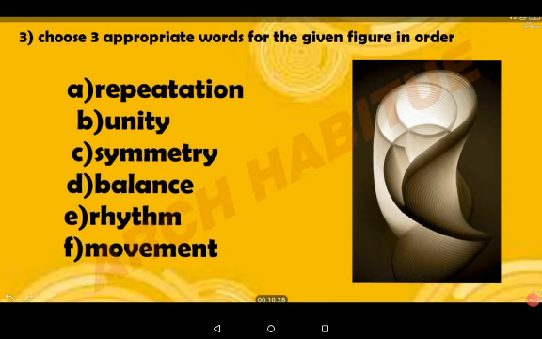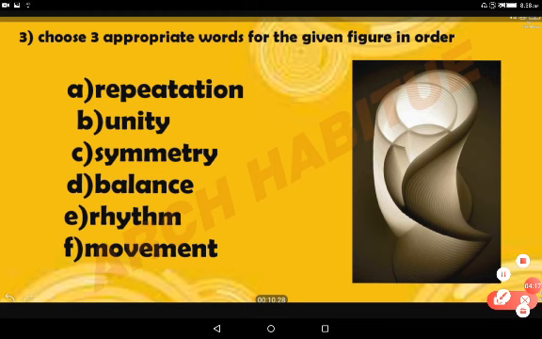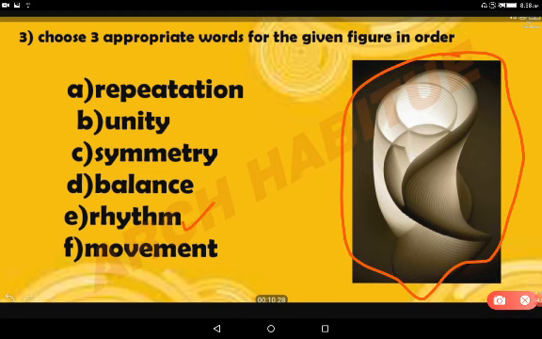Okay, this is a simple question. We can clearly see a rhythm in this figure. So rhythm is there. You can see any movement. There is balance, asymmetrical balance. There is no symmetry keeping in the axis.